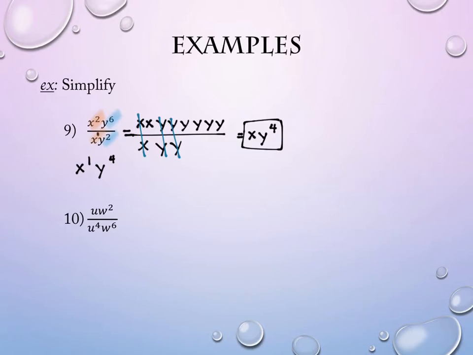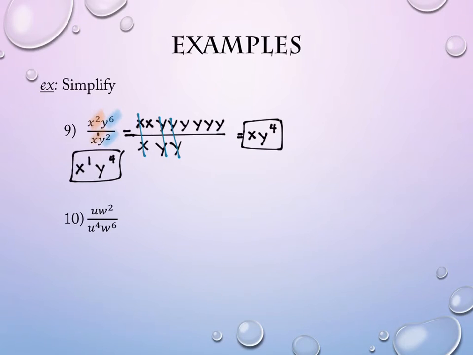That's another way to do the problem with that subtraction property. X to the first, y to the fourth, or just x, y to the fourth. They're going to yield the same answer, but those are different ways of thinking about it. One is more property-based, one is more of an algebra elimination-based perspective.